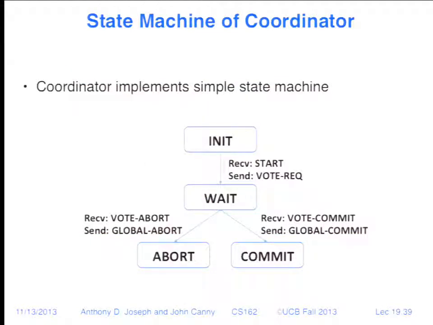So you can implement the coordinator with a state machine that looks like this from its initial state. So this is the state machine for doing the commit protocol. You initialize it and say basically commit. Here it receives a message to initiate the commit. It sends out the vote request to all the nodes and then waits for the responses.